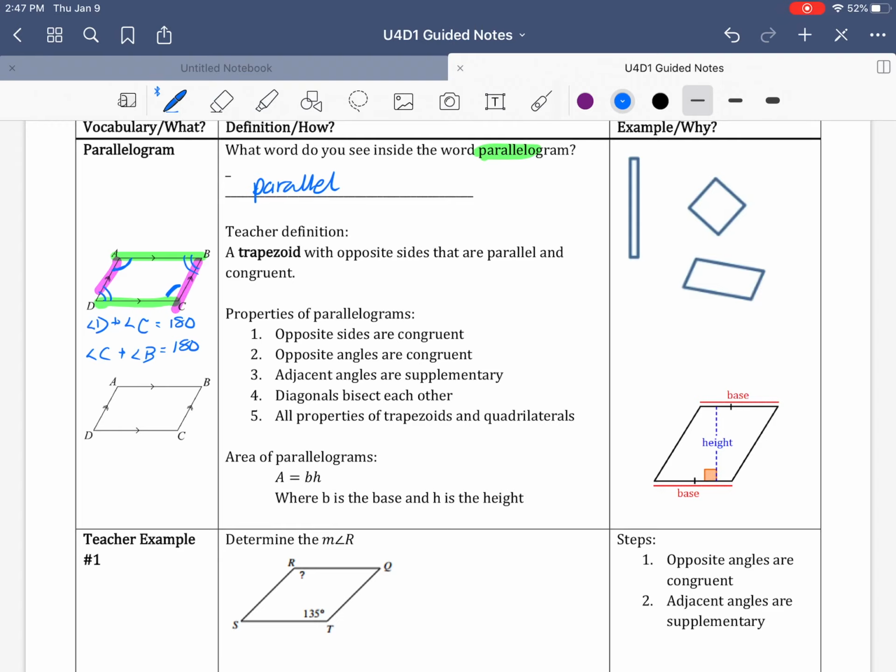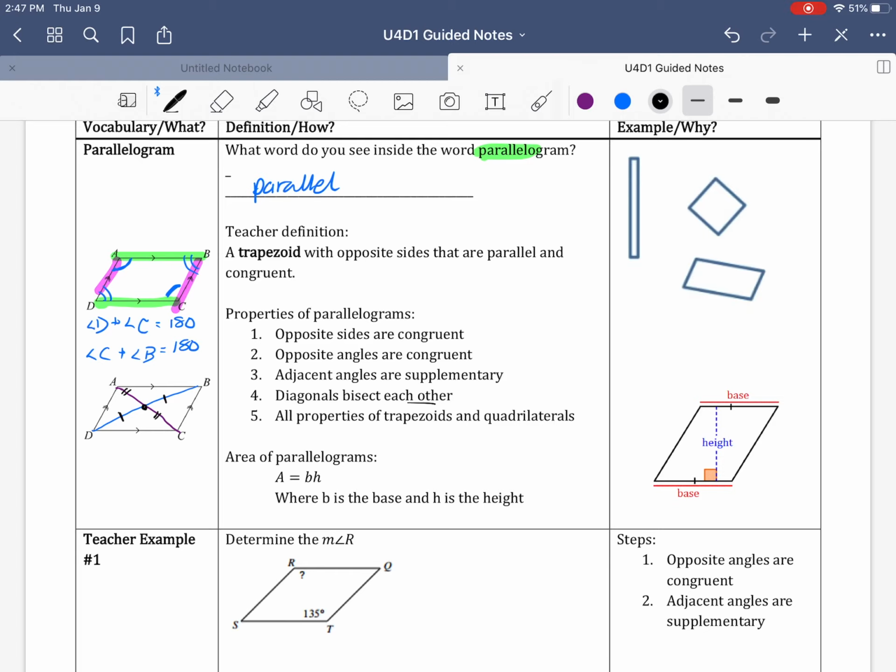Now, our fourth property is that the diagonals bisect each other. So if we think about a diagonal, which is going to go from B to D here, and another diagonal that goes from A to C here, it says they bisect each other, which means that the segment here from D to the center is the same as from the center to B. It also means that A to the center is the same as from the center to C. And then lastly, any property of trapezoids and quadrilaterals that we've discussed previously apply to parallelograms.